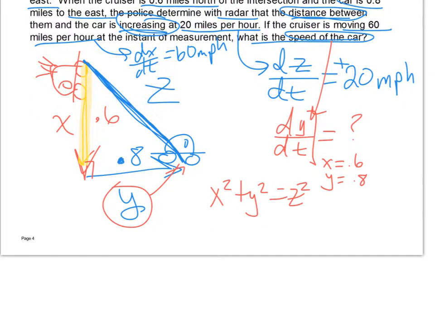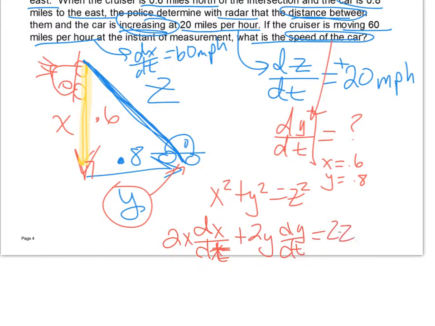I am really not wanting to write my t's, but you get 2x dx/dt plus 2y dy/dt equals 2z dz/dt. Now it's a matter of plug and chug.